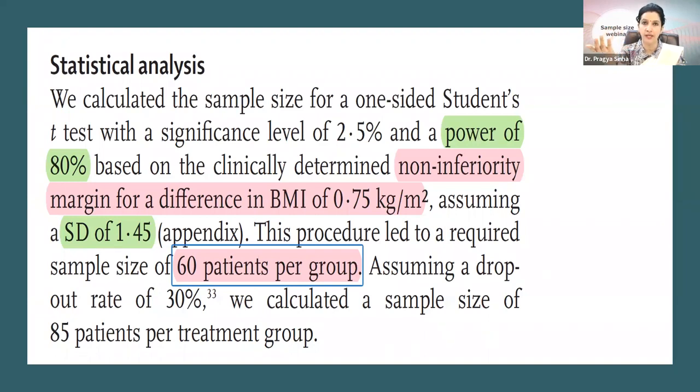They are going to accept the treatment. And the standard deviation they have fixed at 1.45. So if I have to set the value, I'll set the standard deviation as 1.45. This margin is 0.75. This is a non-inferiority trial with 80% power and 2.5% alpha.